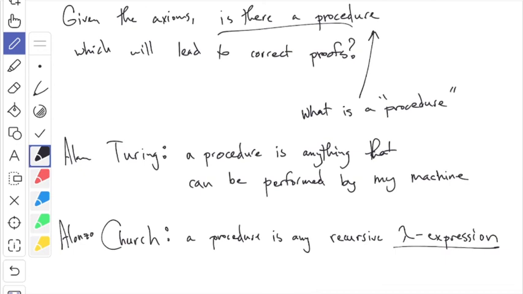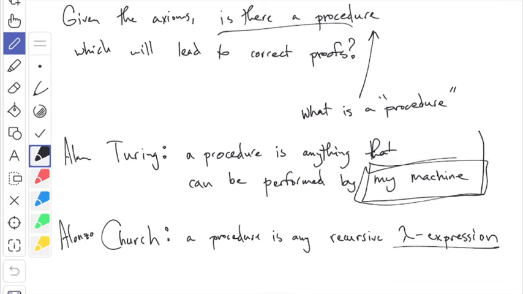I think Turing's ideas were so influential because they inspired people to actually create real computing machines. There is no such thing as a real lambda expression, and so Church's idea was mathematically good, but didn't really inspire the hearts and minds and the hands of a generation to change the world in the same way that Turing did. So anyway, what we need to talk about is really this right here.